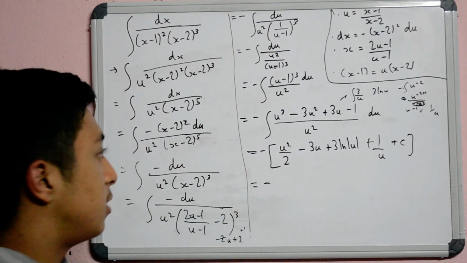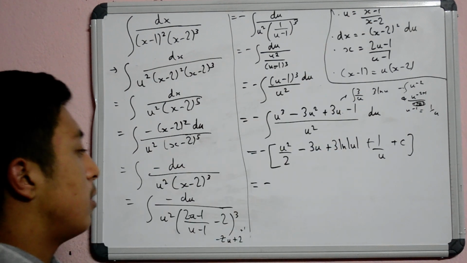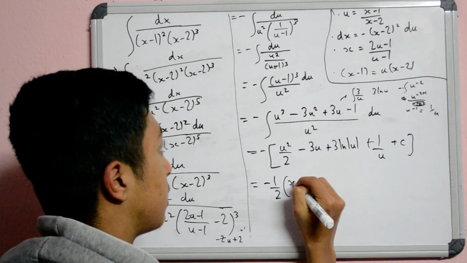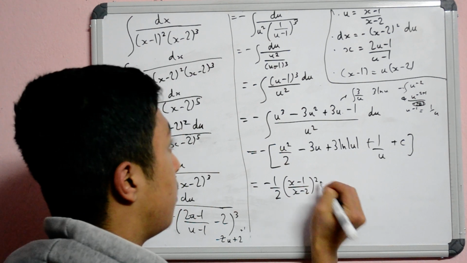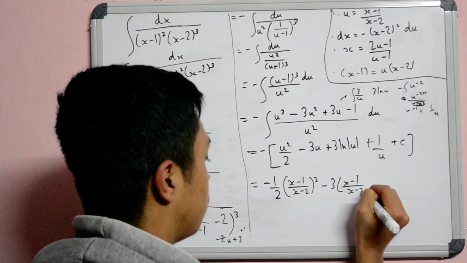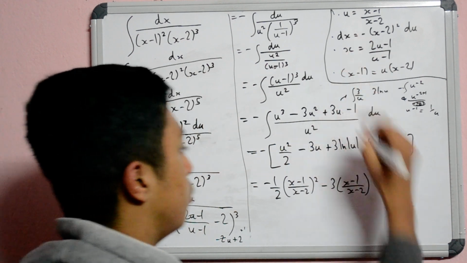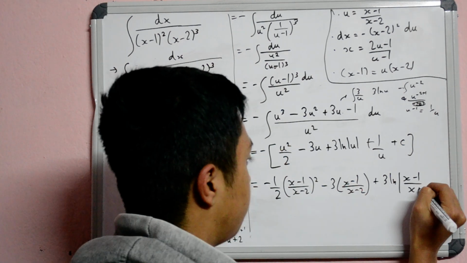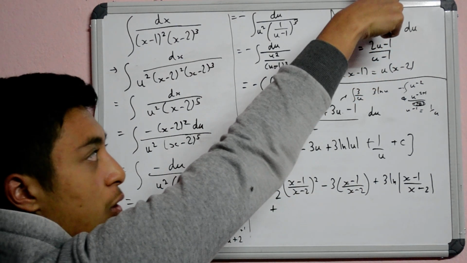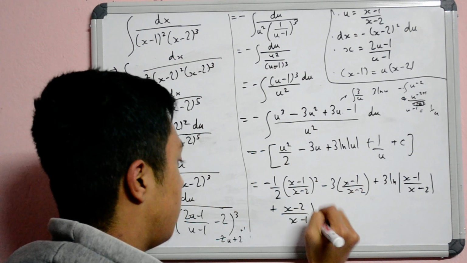Now at the same time we can put the value of u in terms of x. So I'll write 1 by 2 outside, u square, which is (x minus 1) by (x minus 2) whole square, minus 3 into u, which is (x minus 1) by (x minus 2), plus 3 log natural of u, which is (x minus 1) by (x minus 2), plus 1 by u, which is simply changing the order of numerator and denominator, which is (x minus 2) by (x minus 1).